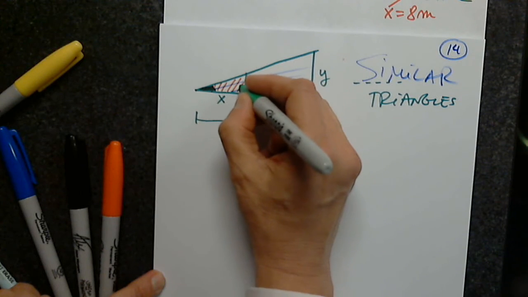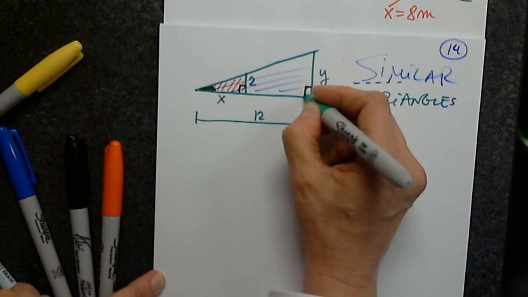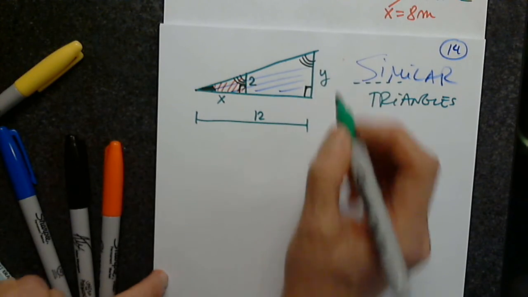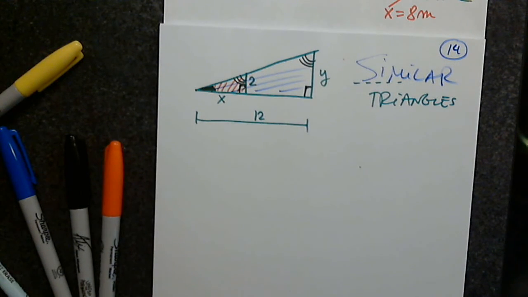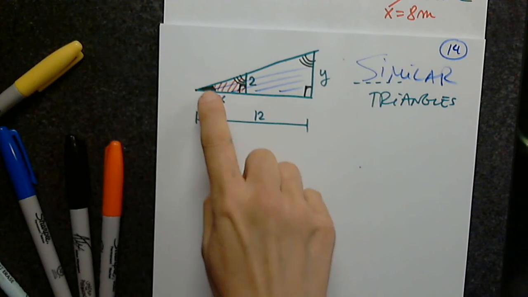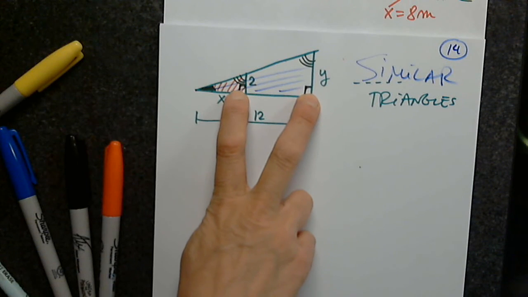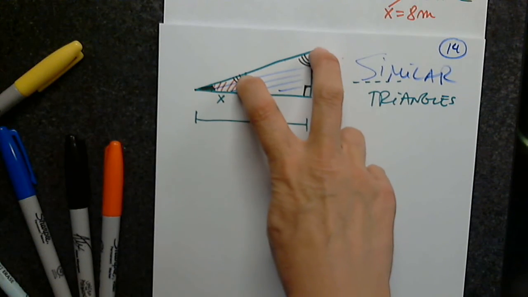Is this angle the same in both? Yes. Therefore, the third one must be the same, because if I show you at least two pairs of congruent angles, the third one has to be the same. This is the same in both, in the red and the blue. And these two are the same because they are 90-degree angles.